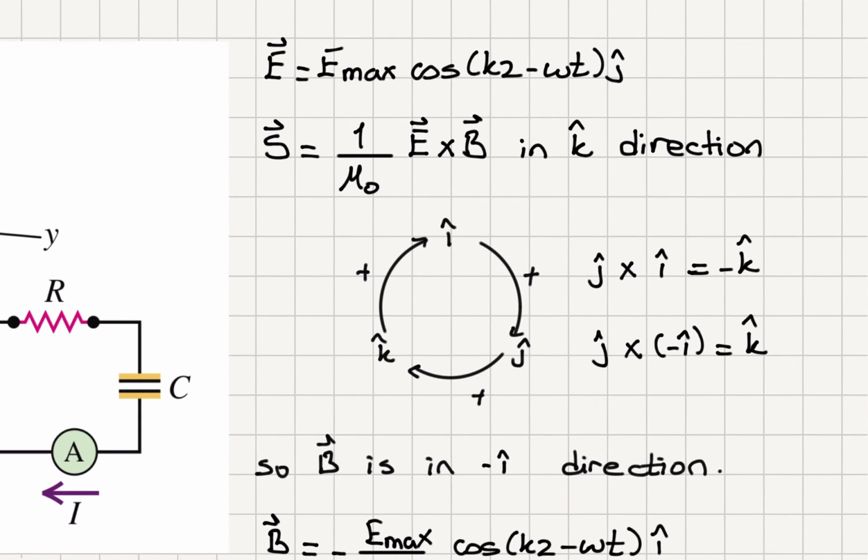So we can write B as E max over c cosine of (kz minus omega t), propagating in the minus i hat direction. The flux is found by taking the dot product of the magnetic field with the area element dA, integrating from z equal to minus a over 2 to plus a over 2. Looking at the direction of the magnetic field B, what current creates that magnetic field?